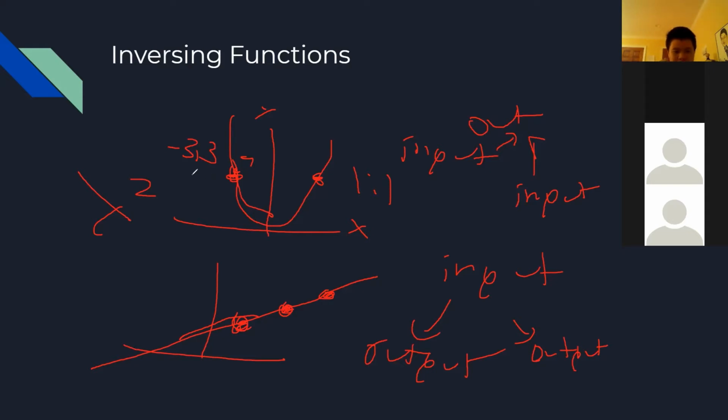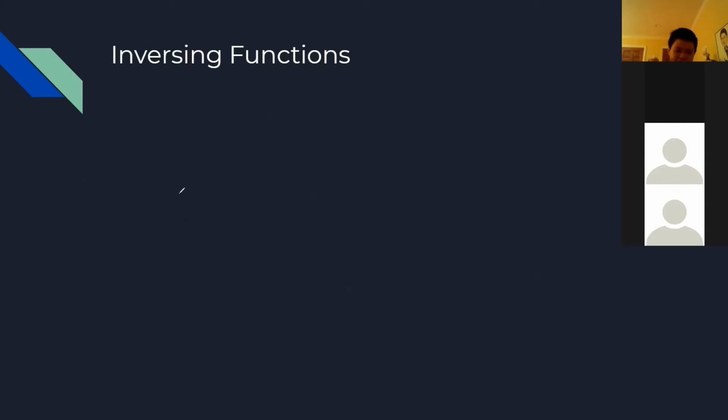A good measure of this would be, if you had a graph, to draw a horizontal line. If any horizontal line, anywhere on the graph, travels through 2 points, it can't be inversed.